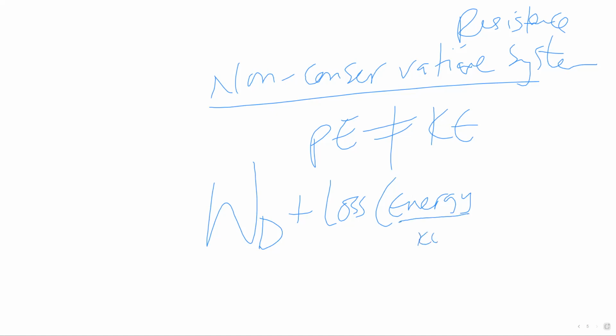If it's kinetic energy, then you are finding the loss in kinetic energy, and this will be equal to the gain, whichever energy is being gained, plus the work done against resistance. So always remember this formula: the work done by the driving force plus the loss in energy, which may be kinetic or potential energy being lost, must be equal to the gained energy, which may be potential or kinetic energy being gained, plus the work done by resistance.